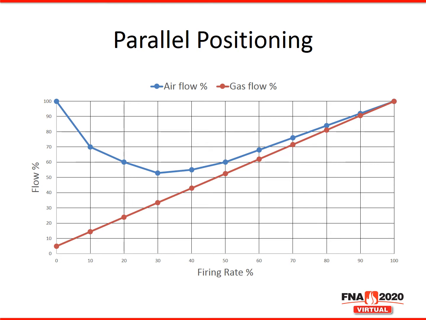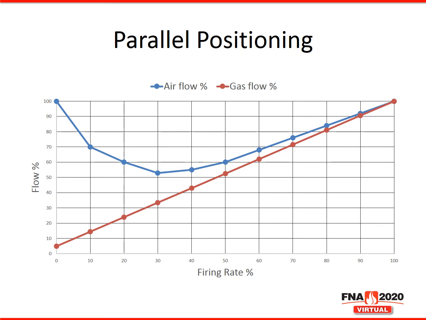At 50% firing rate, we can set the position of the air and gas valve. We can set the air control actuator to a position that results in about 60% flow, and we can set the fuel actuator to a position that results in just about 50% flow. We can adjust the entirety of the curve in this way.